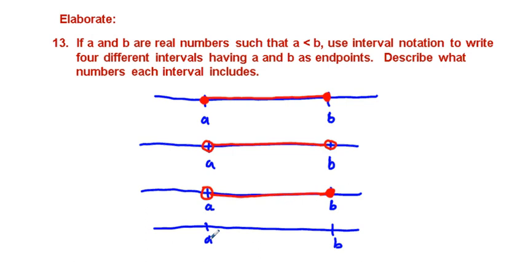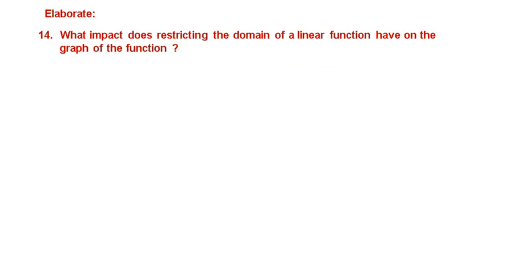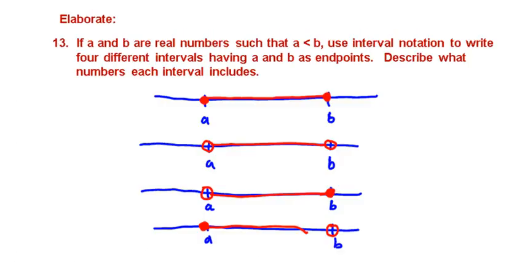Or you can have A be a point included and B is less than or equal to. These are 4 different possibilities we have with A and B as endpoints.